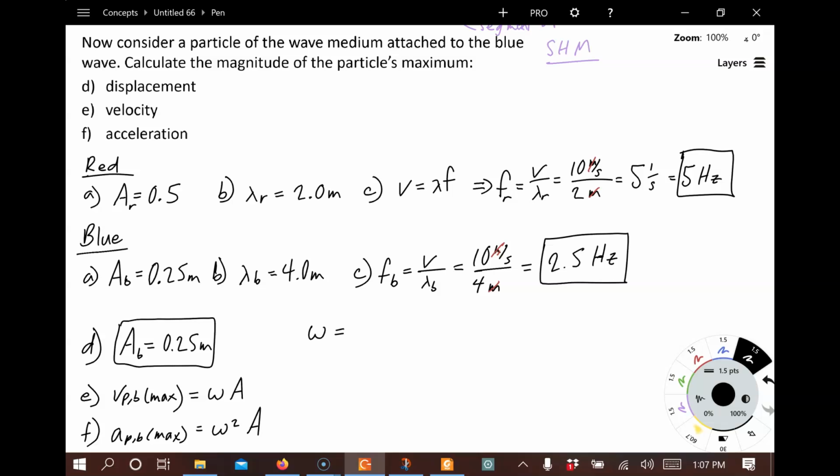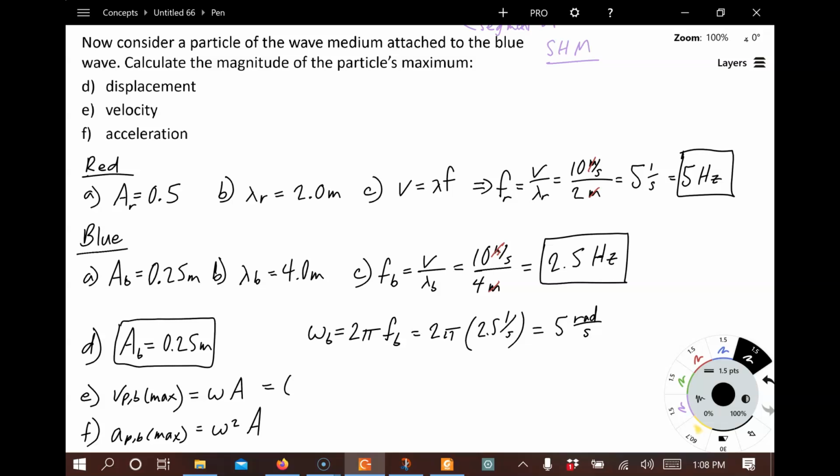Omega is equal to 2 pi times the ordinary frequency. We have 2 pi times 2.5, 1 per second, which gives us 5 pi radians per second. We just add the radians there because it's angular frequency. And now we can go ahead and solve these.